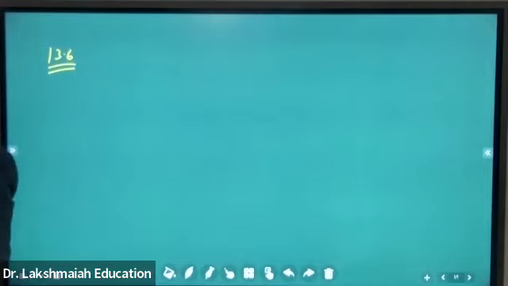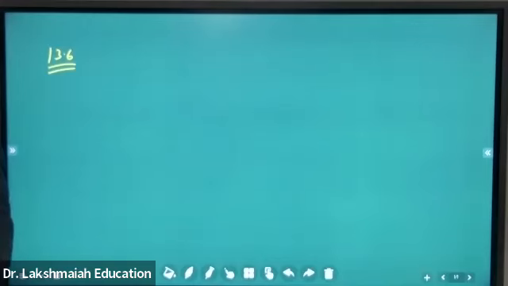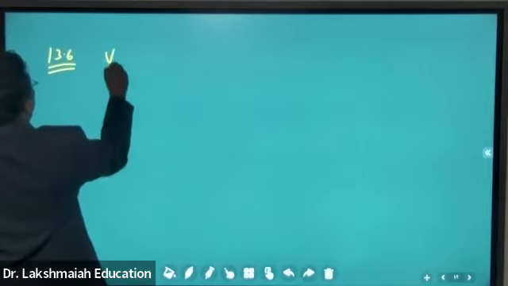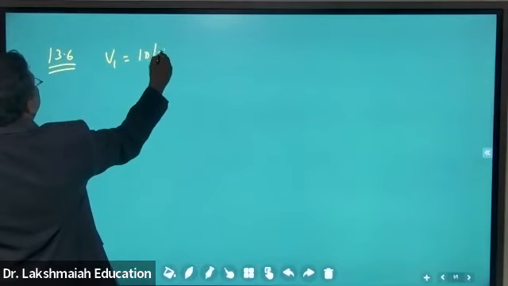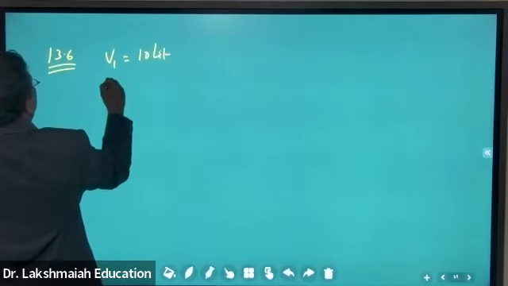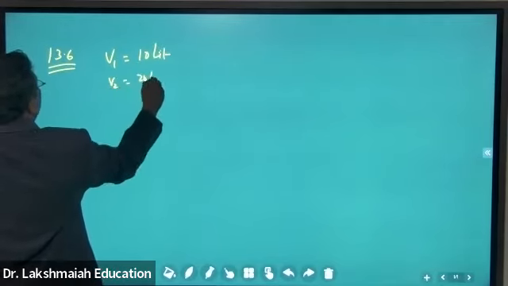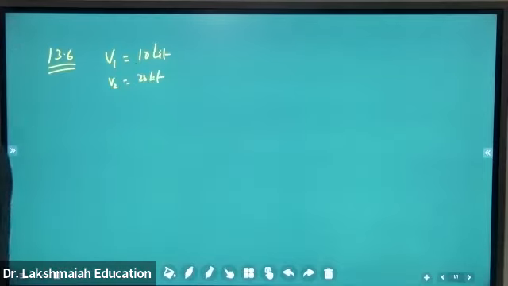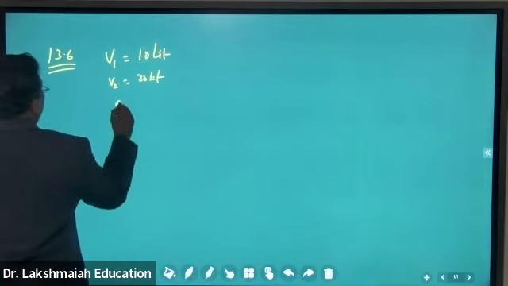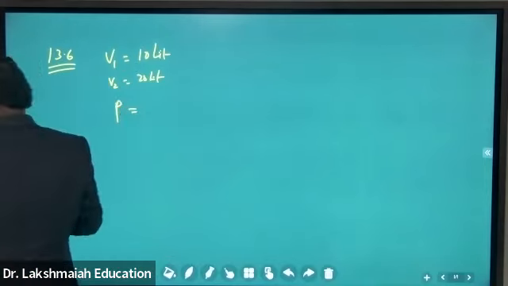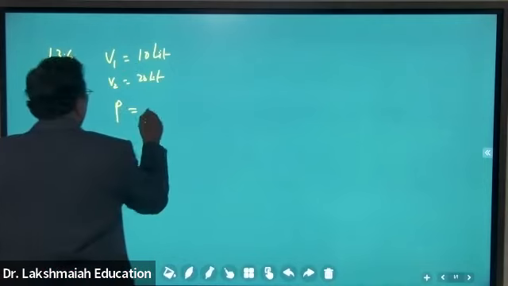What is question number 13.6? You see, a gas expands from 10 liters to 20 liters at a constant pressure of 2 atmosphere.